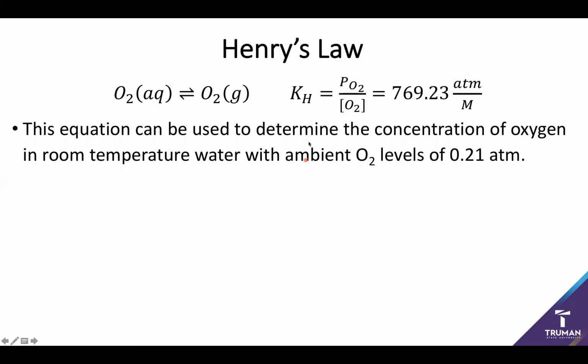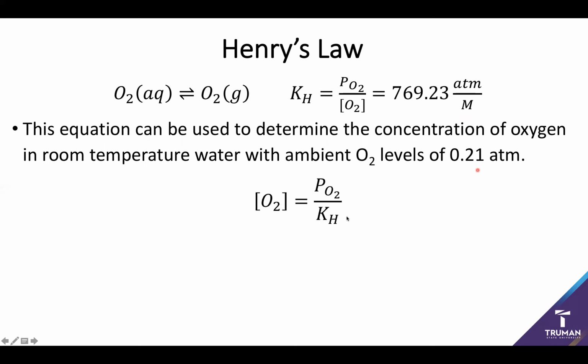Again, worth noting, these equilibrium constants, or these Henry constants, are going to be temperature dependent. For example, this value of 770 atmospheres per molar refers to room temperature, 25 degrees C water. Let's say I'm in a room with ambient oxygen levels. That's about 21% of atmospheric pressure, which would give a partial pressure of about 0.21 atm.